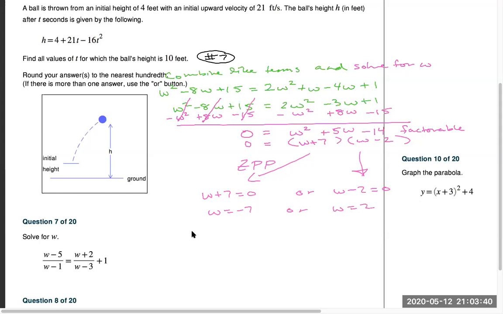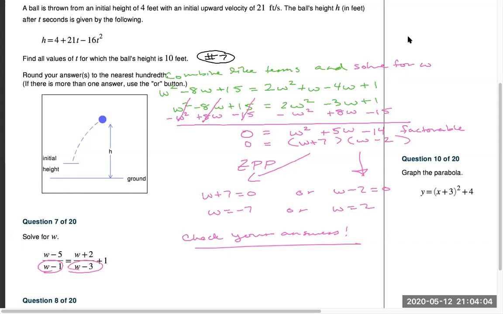Now, emphasizing, you do need to check your answers. Okay, so when you go back and plug in, you might find that some of these solutions don't work. Particularly, the main thing to look out for is, will I get a 0 in my denominator?